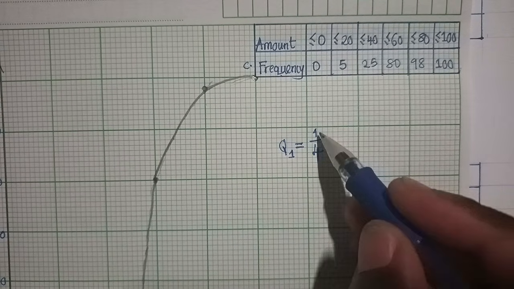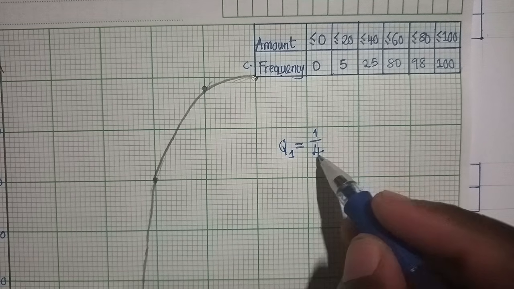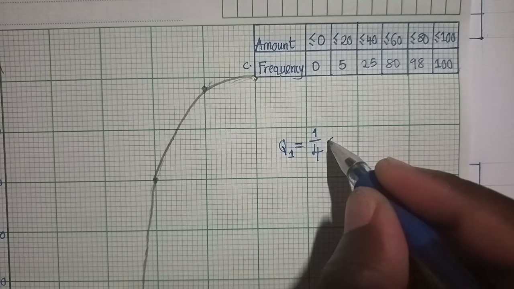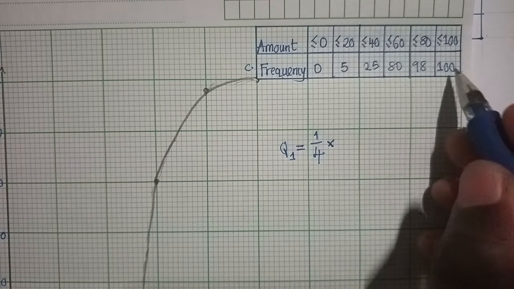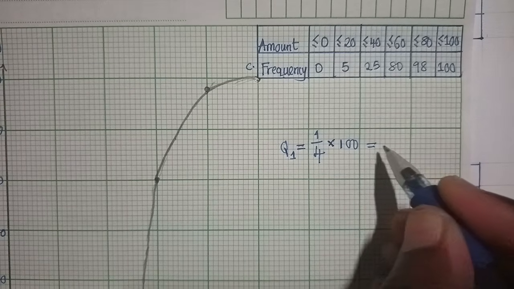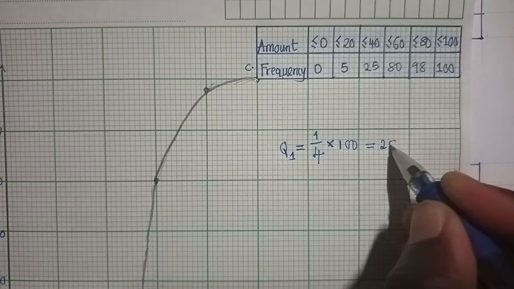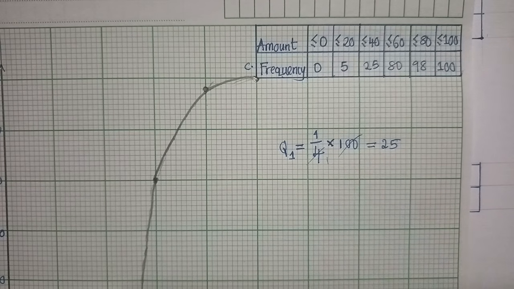And I know most people ask that where is this 1 over 4 coming from? It's coming from the word quarter. So 1 over 4, which is a quarter, times the total frequency, the last number here, which is a 100. And this, of course, will give us a 25. So this is 25. When you say 4 into 4, it's 1. Into 50, that is a 25.